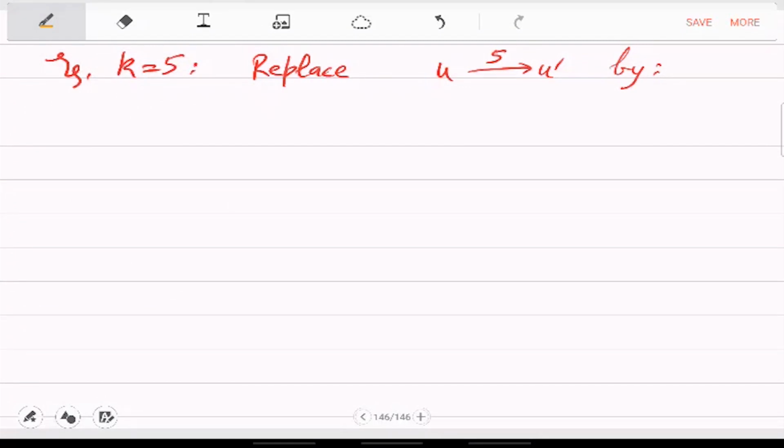Basically use the fact that 5 is 2 squared plus 1. That's the binary representation. So in graph terms, from U, how do you compute 2 squared? You introduce many new vertices.